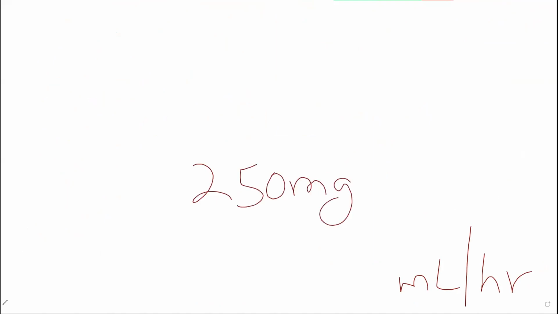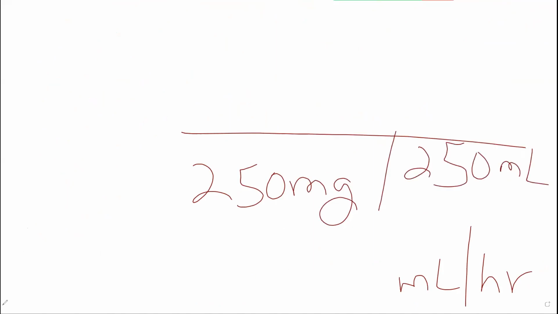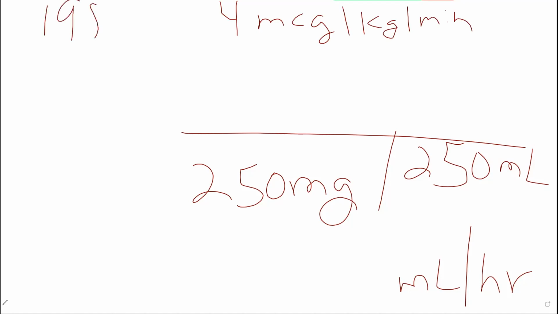I know I need to get to mLs per hour. I know that I have 250 milligrams per 250 mLs. My ordered dose is 4 micrograms per kilogram per minute, and my weight is 198. I'm going to start with the 198 and leave everything in the calculator.